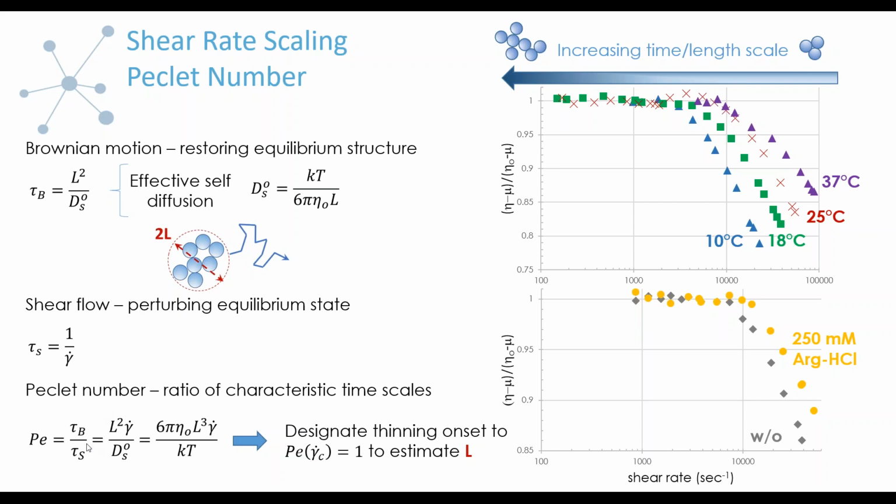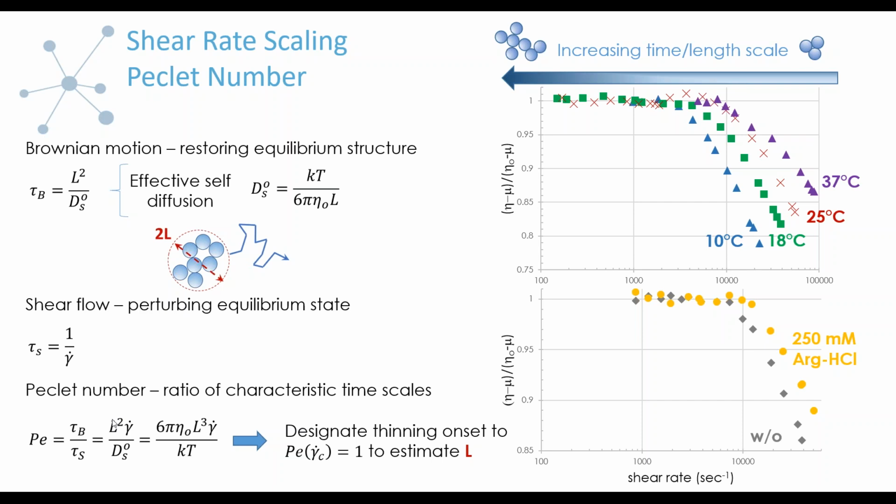And this is the region where the Brownian motion, because it is occurring so rapidly, which corresponds to a small time scale, is able to resist the deformation due to the flow field. However, as you increase the shear rate and consequently reduce the shear flow time scale, this Peclet number will move towards 1 and then ultimately get larger and larger as shear rate increases.